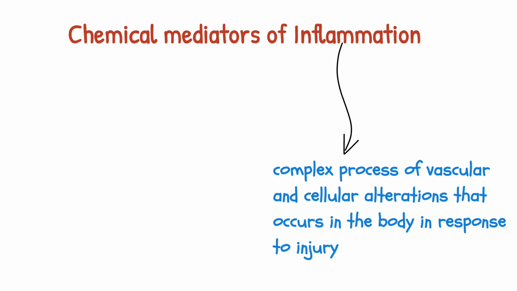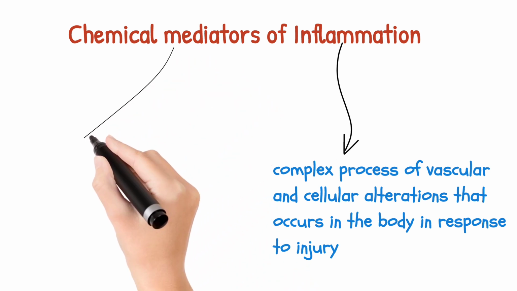So by this statement, I mean that when there is an injury, the body initiates an inflammatory response. However, it is not just the injury itself that causes inflammation. Rather, it is the chemicals released by the body as a response to the injury that mediates or regulates the inflammatory process.